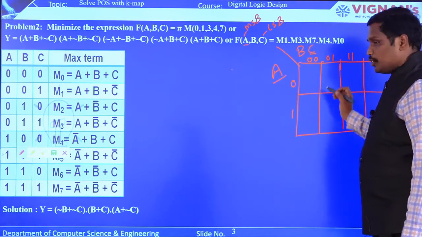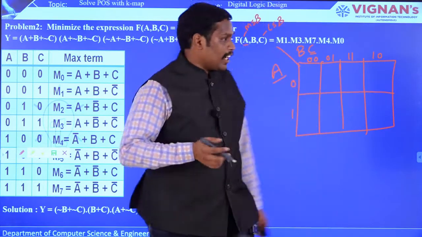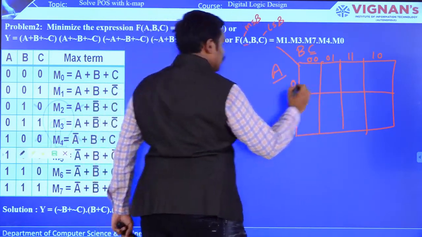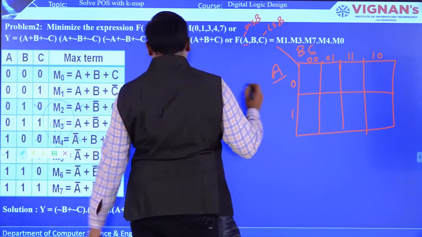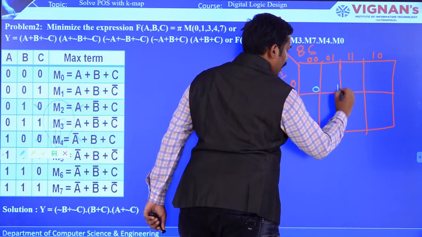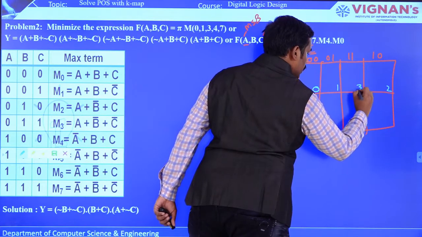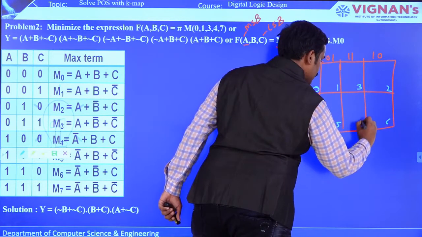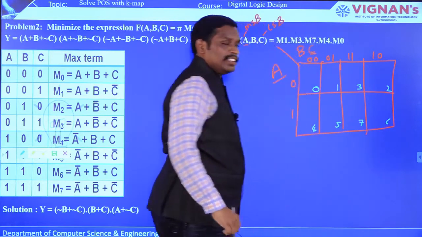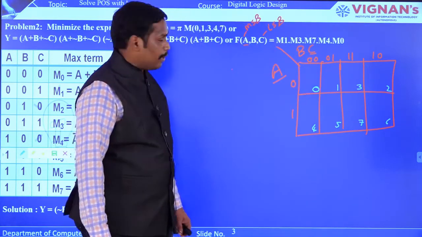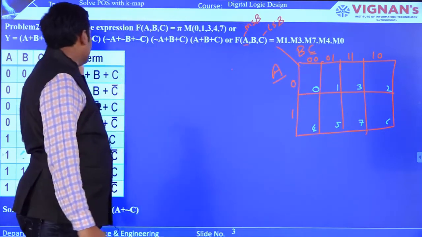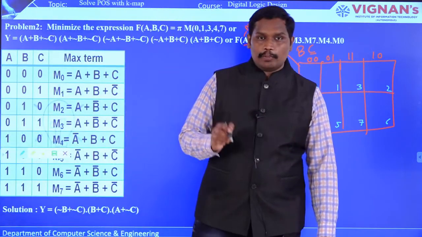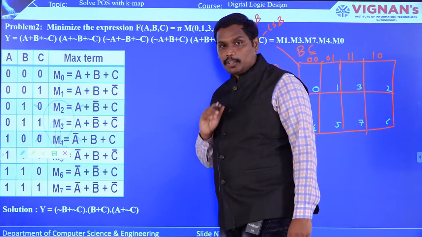So now the positions of that particular 3 variable Karnaugh map, here you can see it is 0, 1, 2, 3 and 4, 5, 6 and 7. This is how you construct a 3 variable Karnaugh map. So now you can see these particular terms, and you have to place zeros. For SOP you are placing 1 and for POS you are placing 0.